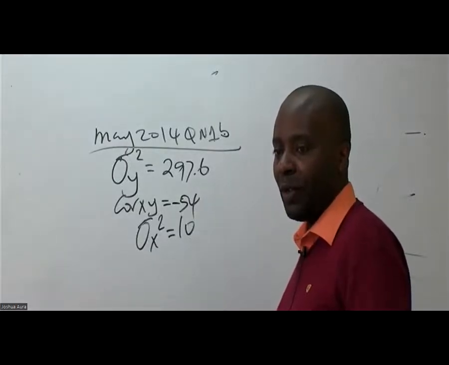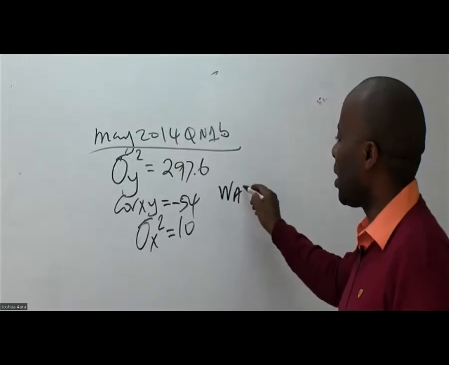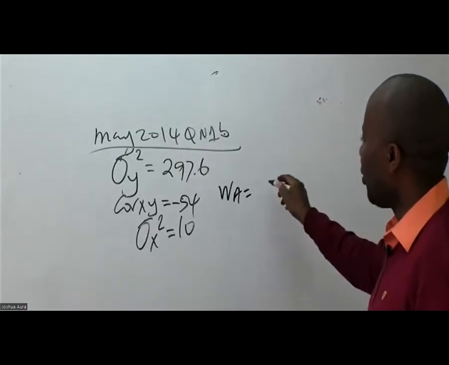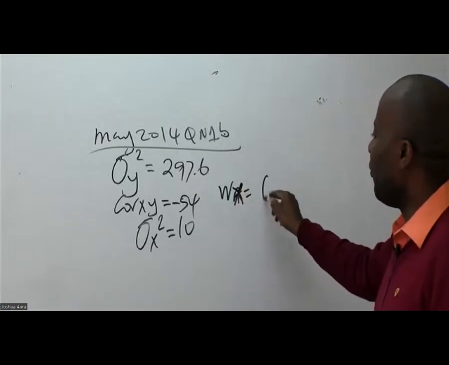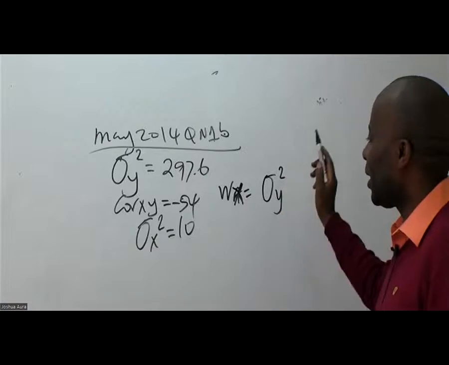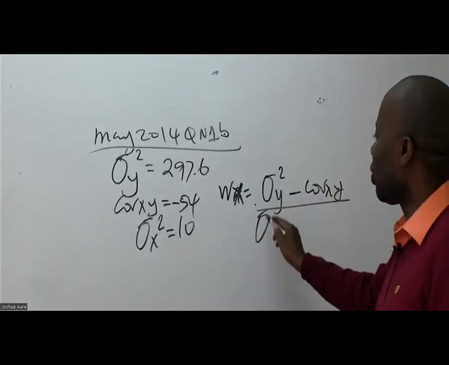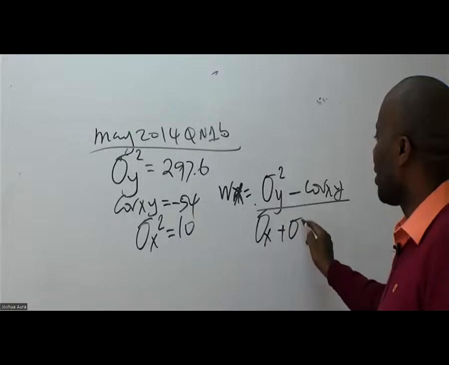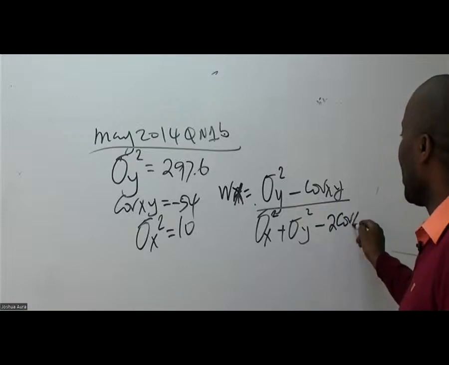Now, with that, Sylvia, I should be able to get the weight of X. I know the formula here, not A, but X. It will be variance of Y, I start like that, minus covariance between X and Y, all over the total variance. Total variance, minus, in this case here twice, covariance XY.